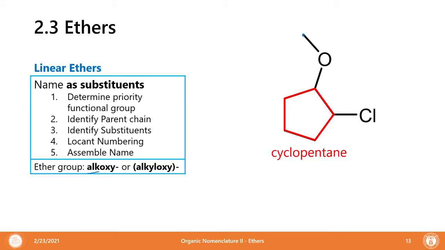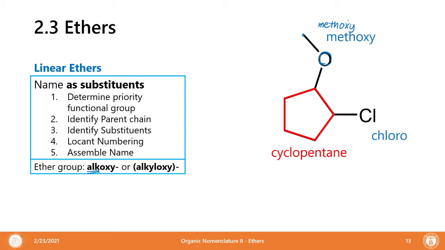So this alk part of alkoxy would be the prefix denoting the number of carbons. So one carbon, meth. And so this meth is connected to an oxygen that connects to the parent chain. So this is our ether, meth, and then we add oxy. So that is our substituent.